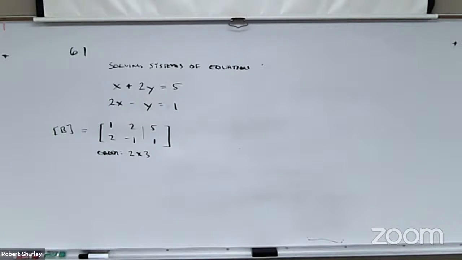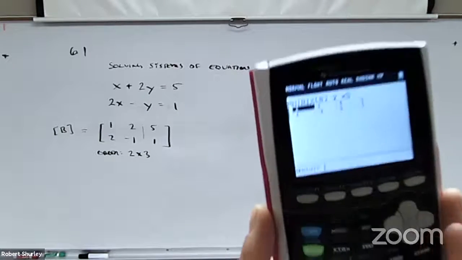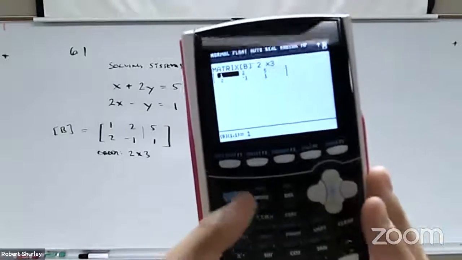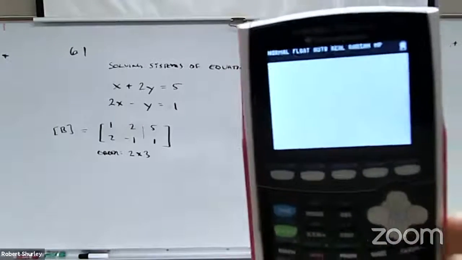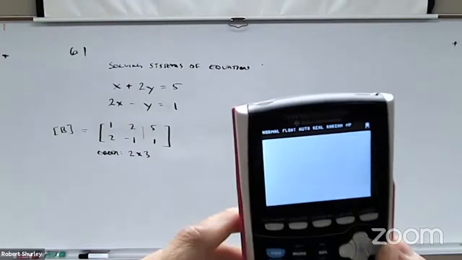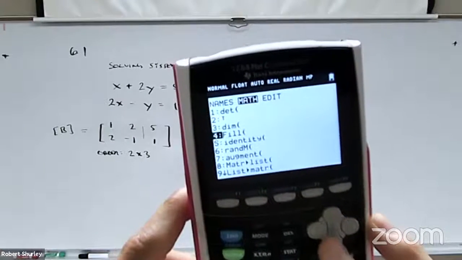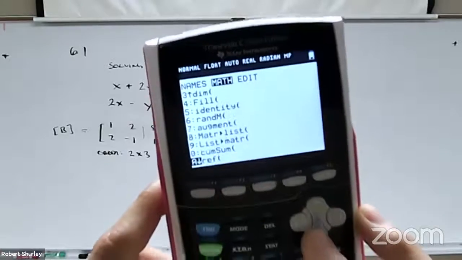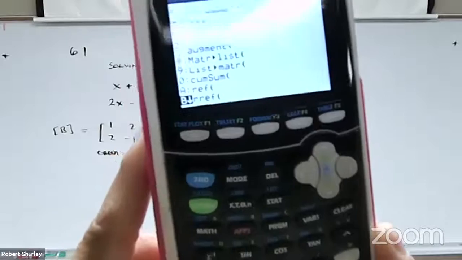Okay, so now we're going to go back. Remember, we're going to do reduced row echelon form on this thing. So I'm going to hit second and then mode for quit. And I've got to bring up the reduced row echelon first. So second, matrix. Remember, it's going to be the math menu because we've got to do the actual operation. I think it's B down here. There's B, reduced row echelon form, RREF.